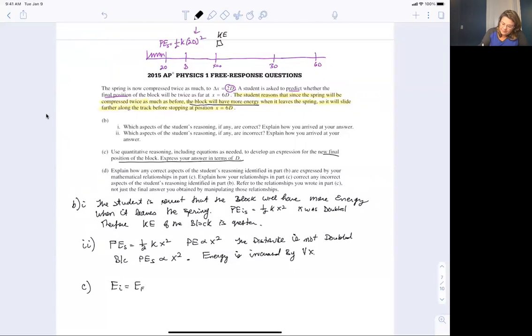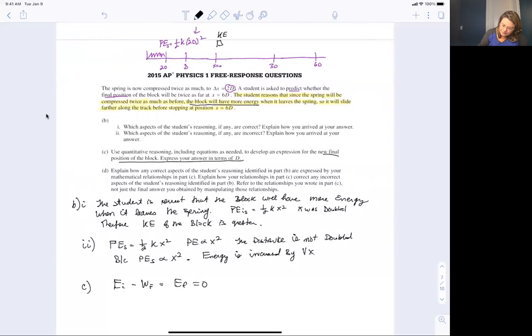So let's start with that. So potential energy of the spring initial has to equal, that is not true. I am wrong. We have friction. So we know that initial energy minus the work done by friction equals energy final, which equals 0, because I have no energy final because I ended up at rest.